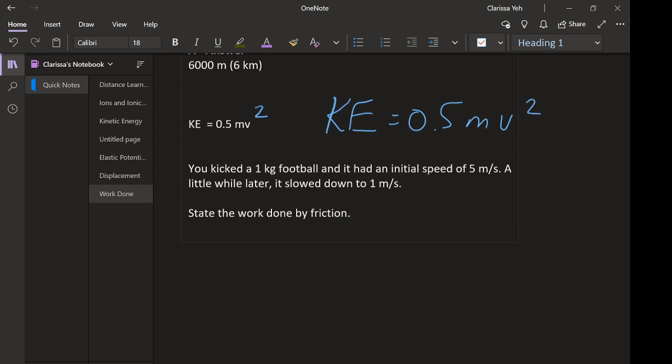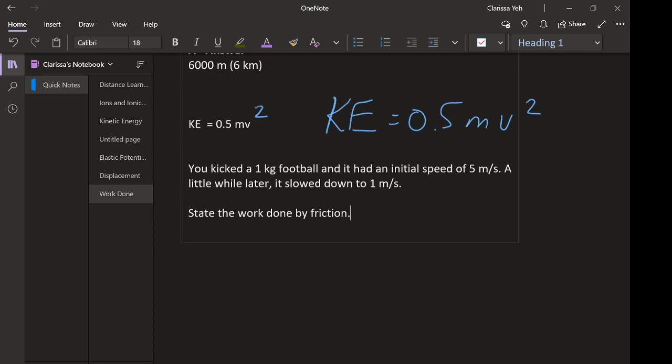So this question basically probes and sees if you understand what work done actually is, in that it is an energy transfer. I'll let you have a think about how you might approach this question.